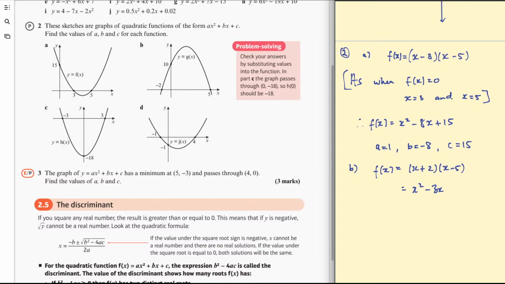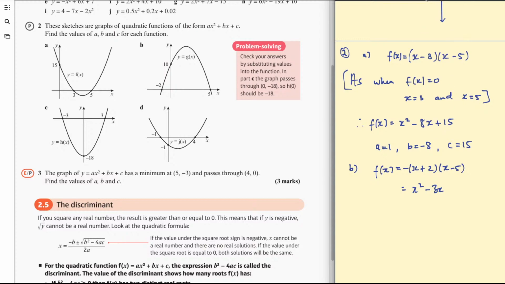Oh, sorry. The other thing I forgot with this one is because it's a frowny face, because the quadratic is upside down, I need to include a negative because it's a negative quadratic.